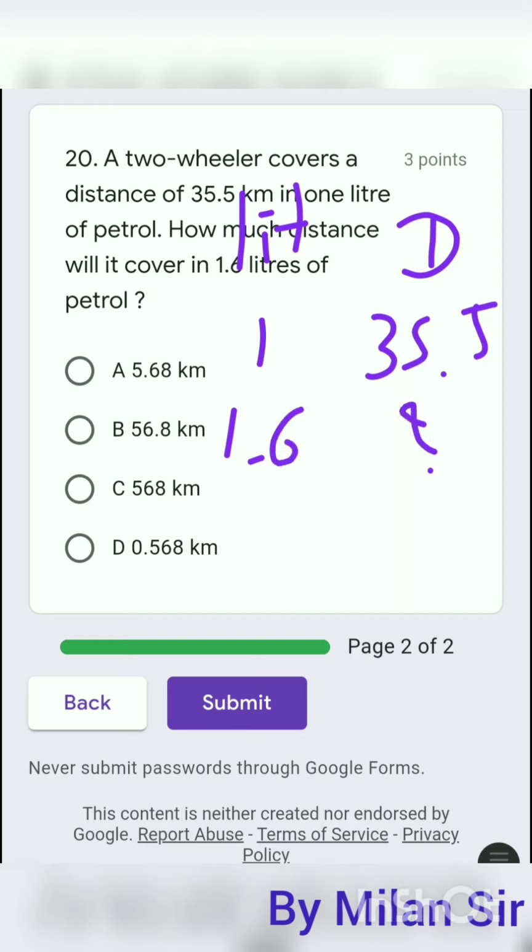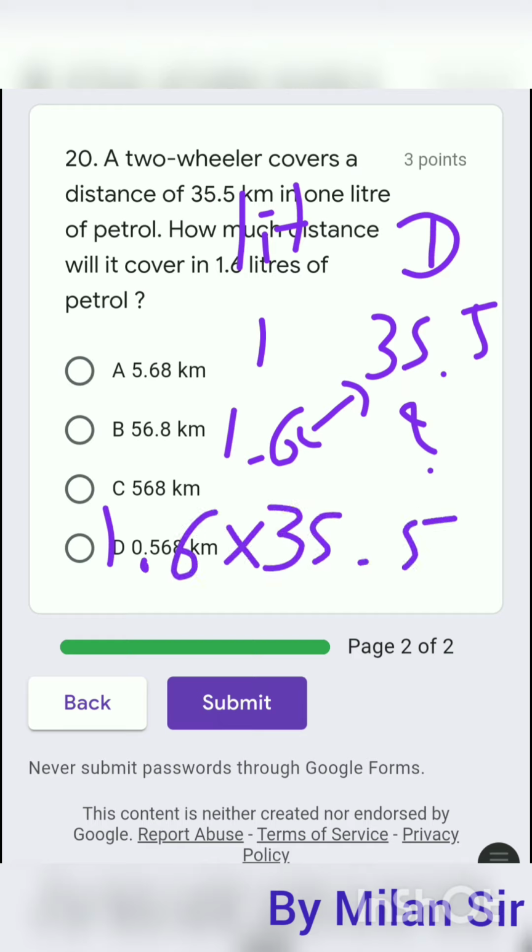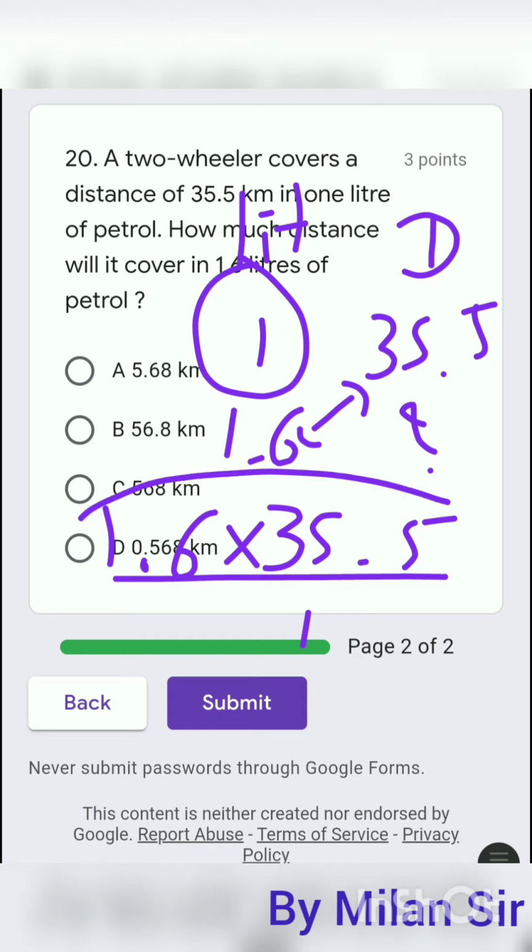So how can we solve this? We need to multiply these two numbers. So 1.6 multiply 35.5 divided by this first number 1. But here in the denominator we have 1, so no need to do the division process. So we only need to multiply 1.6 into 35.5.